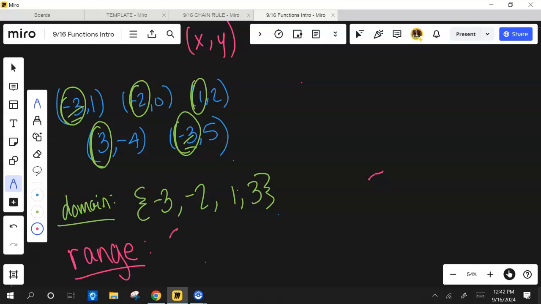What's the smallest you see? -4. Yep, always from smallest to biggest. What's the next? 0. Yep. And then do your little squiggly brackets there to close it off. Everybody okay finding domain and range from numbers listed? All right.